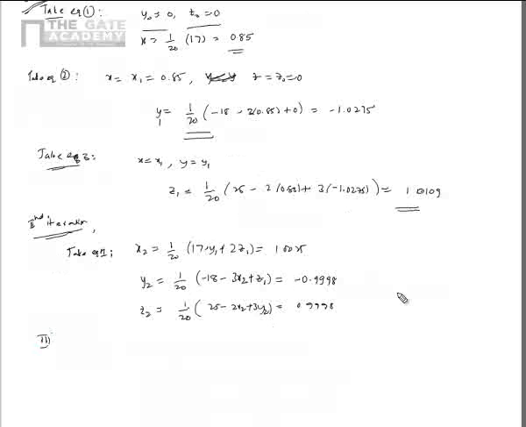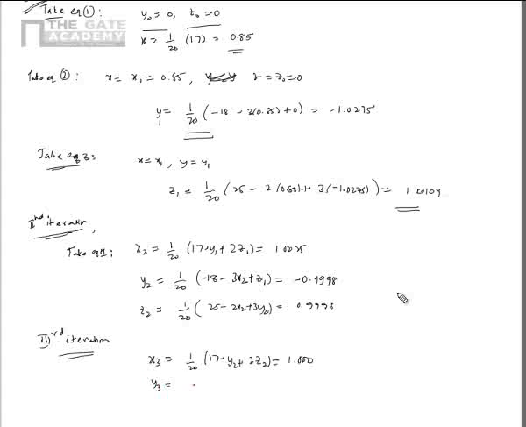So now the third iteration. We have to repeat until the values get almost equal, with no change between the second and the third iteration. In equation 1, I now have to substitute y2 and z2, which gives 1.